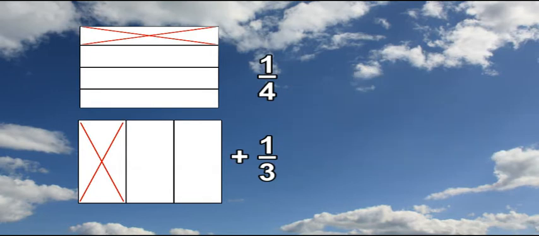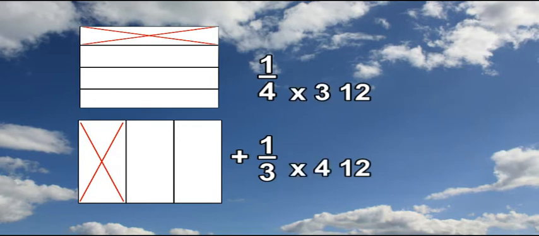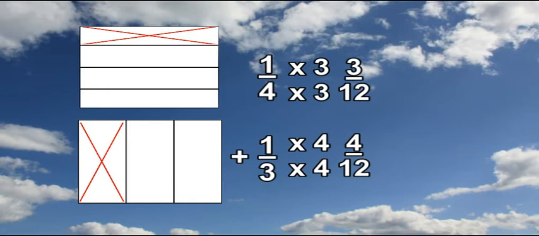That means we need to make equivalent ratios with denominators of 12. We'll multiply by 3 and 4 to turn the denominators into twelfths. Whatever you do to the denominator, you do to the numerator. Our new ratios are 3/12 and 4/12.